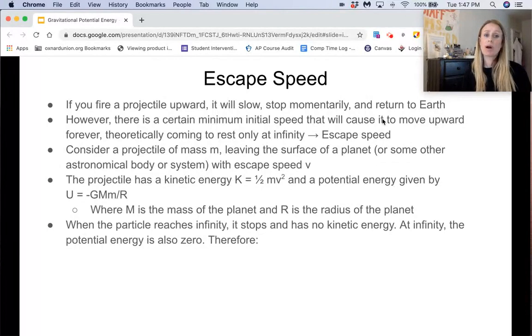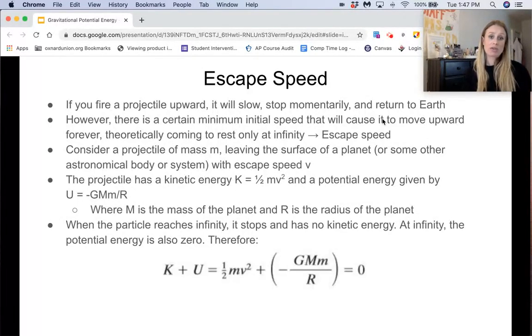Now, when the particle reaches infinity, it stops and has no kinetic energy. And at infinity, the particle also has no potential energy. Therefore, the kinetic energy plus potential energy, which is 1/2 mv squared plus negative GMm over r, is equal to 0 at infinity.